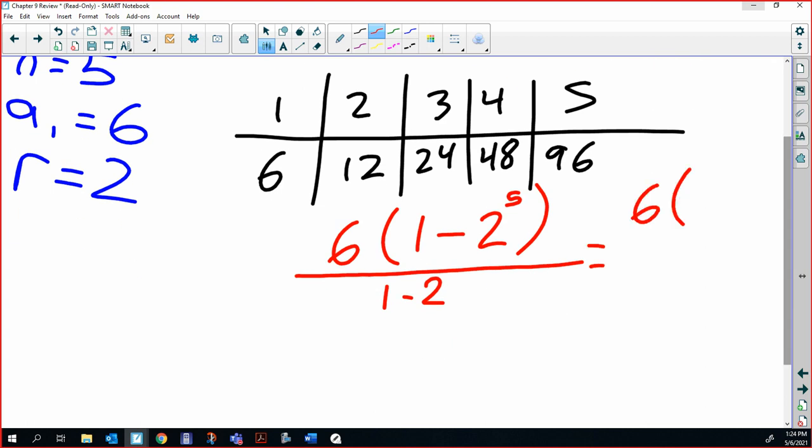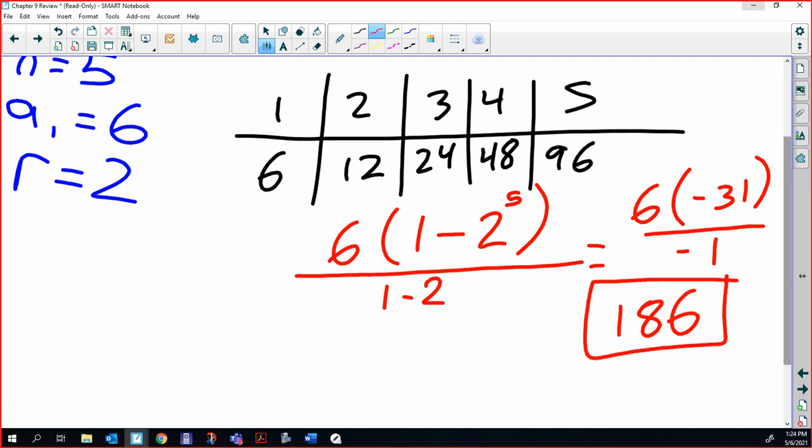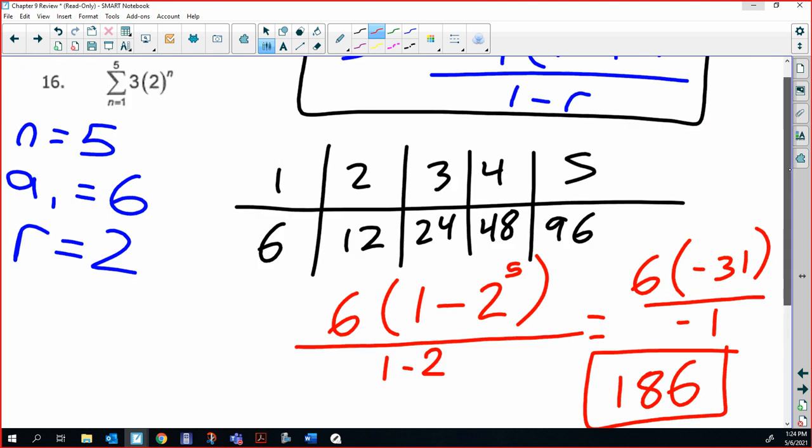So that's 6 times 1 minus 32, so negative 31 over negative 1. Six times 31 is 186. There's your final answer.